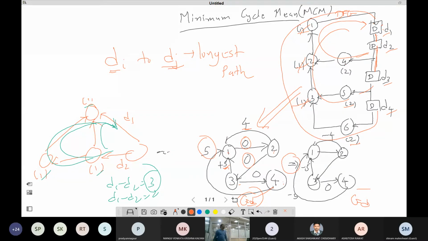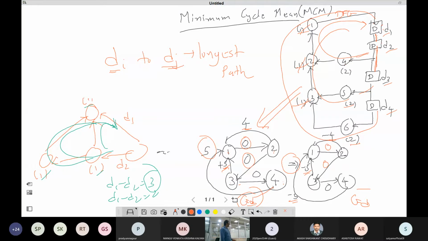Here and here, there are no differences. Sorry, I forgot some values. So that is 0, 0. But if you observe here, 2 to 1, 4. Here it is -4. Here 4 to 1, -5. 3 to 1, -5. So whatever the original value, it is the opposite value.